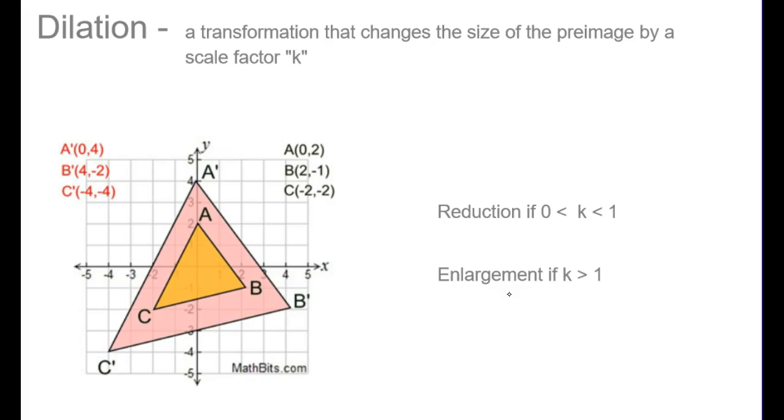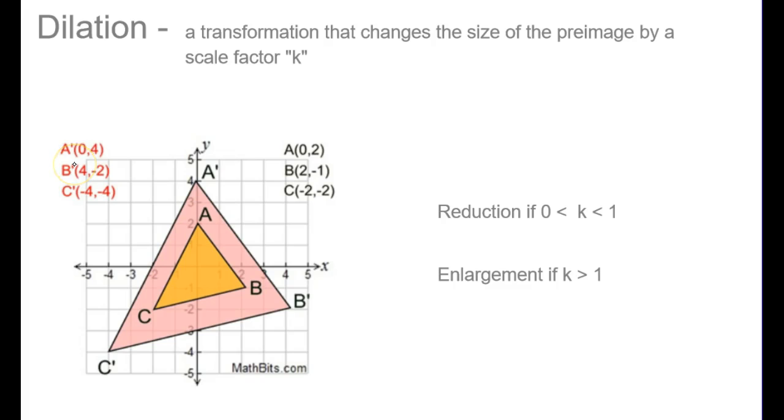So if we look at this example on the left, we have triangle ABC, the preimage, then we have triangle A prime, B prime, C prime, which is the image. In this example, we want to determine what the scale factor is. So we can look at one of our ordered pairs, let's say A, ordered pair of (0, 2).